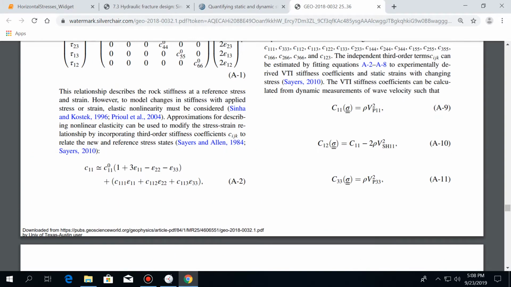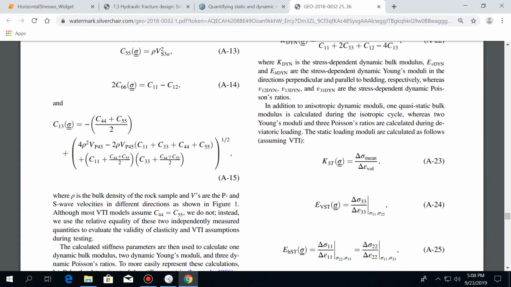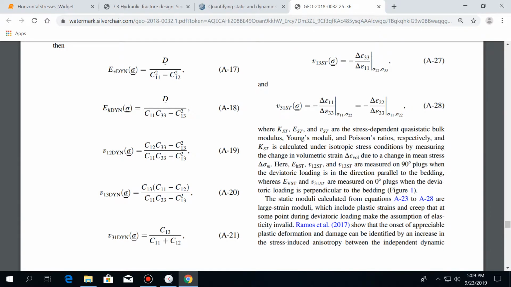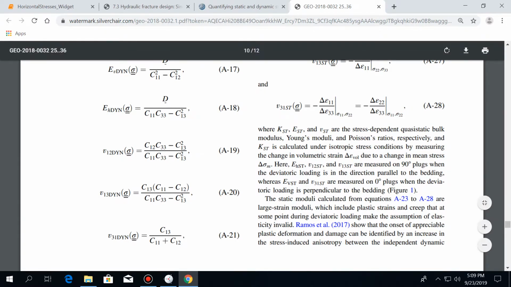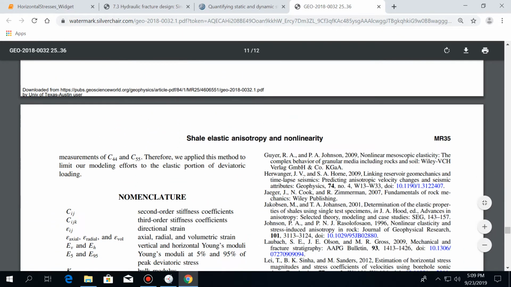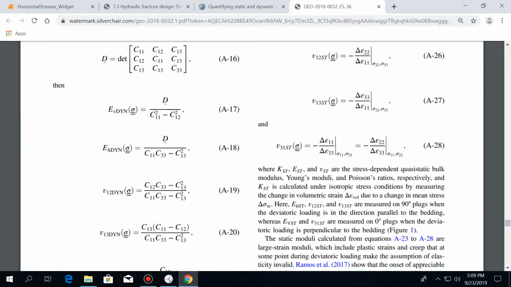So this is what we just saw. And here you have the equation for C13 based on BP45. Okay? So you need before C44, you need C55. And then with that additional value of BP45, you can get C13. And in order to calculate the Cij from the vertical, the horizontal, Young moduli, and the Poisson ratios, you have to use these equations, which are a little bit complex, but they are just equations, okay? So you can do it.